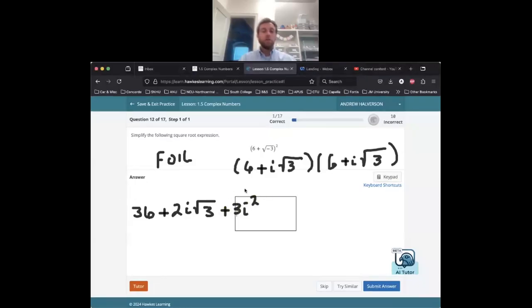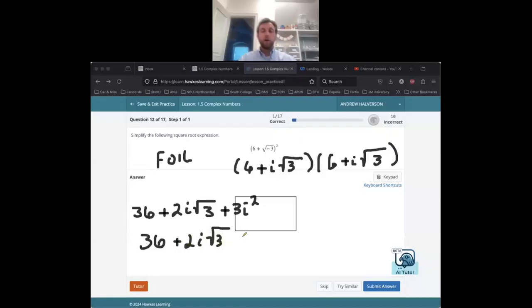Then you resolve. We don't like exponents over the i, so we have to take care of the i squared part. When you take care of the i squared part, you bring everything down. So this becomes 36 plus 2i square root of 3.